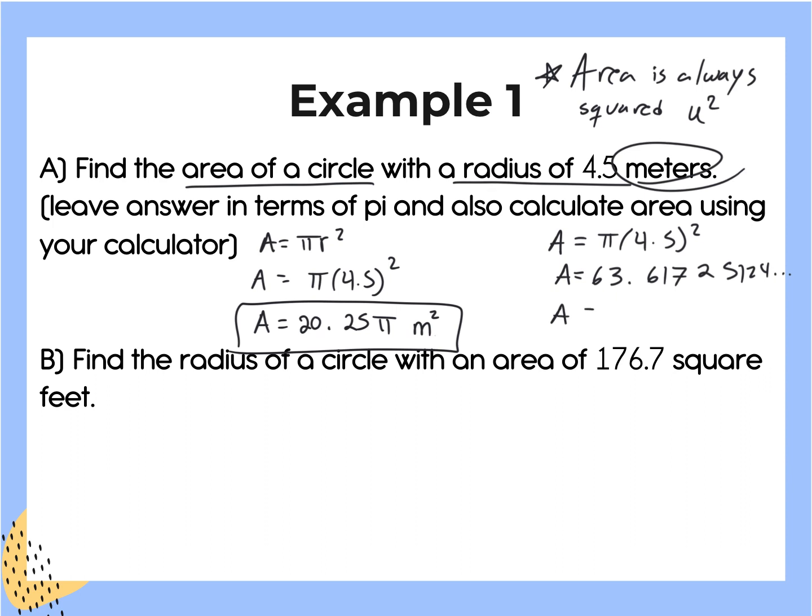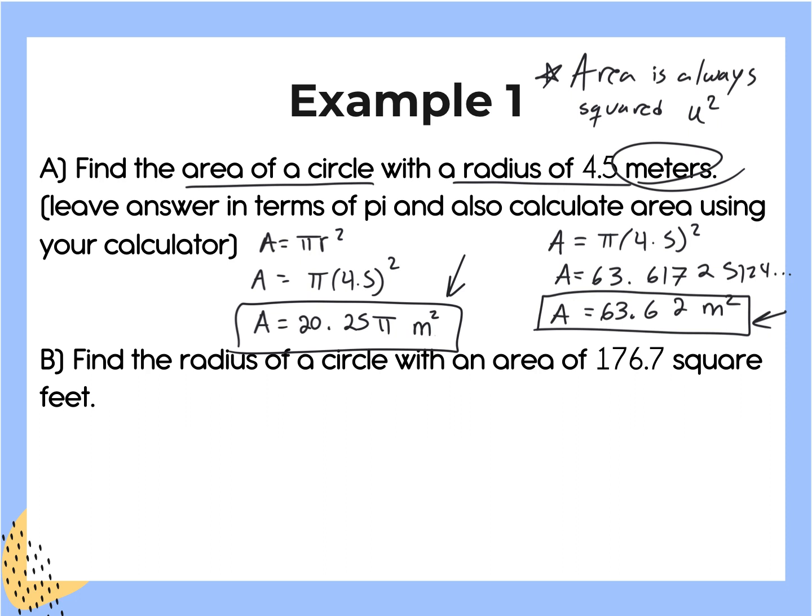Now, I am going to simplify it to the first two decimal places, so it's going to be 63.62, again, meters squared. So one of them is left in terms of pi, and the other one is plugged in with a calculator. Now, if you guys are not allowed to use a calculator, please leave it in terms of pi. That would be the smartest thing for you to do. If you guys are allowed to use a calculator, use the pi button. Do not round to 3.14.